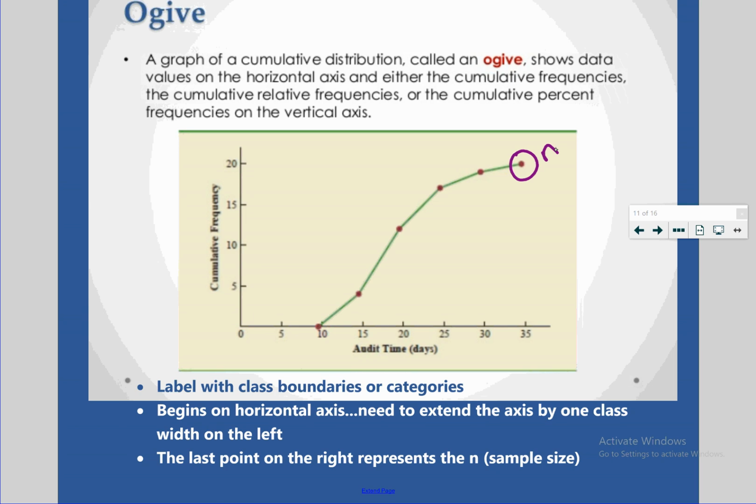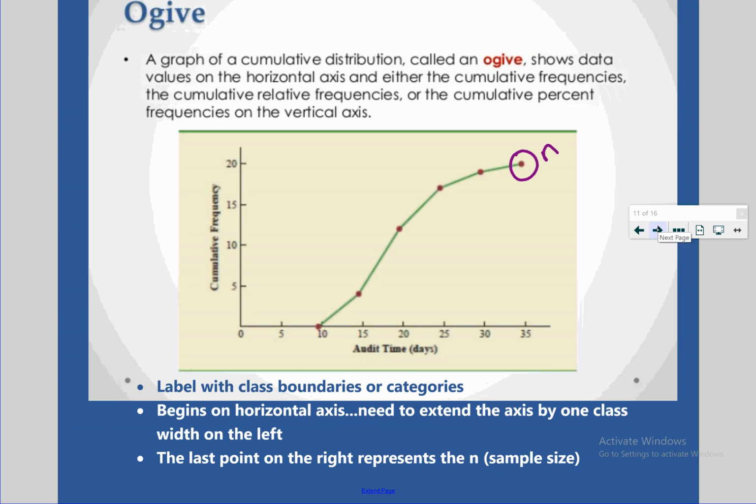You can label this with class boundaries or with categories, if you have categories, as there are occasions where we're going to see those. Again, it needs to start at 0. So if my first frequency is not 0, we extend backwards by one class width.